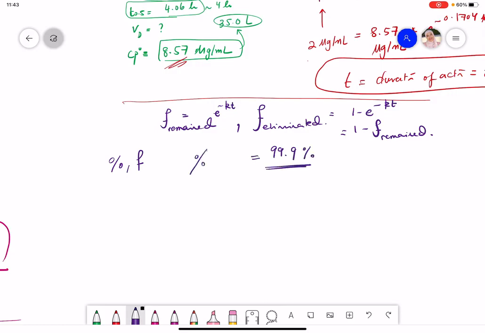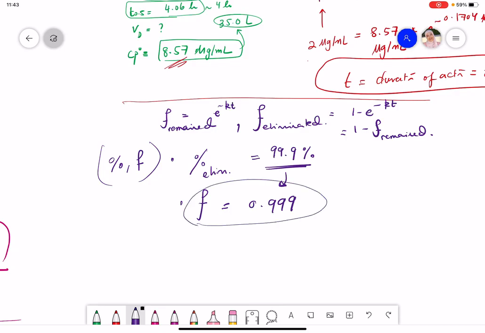Then this is the percentage of the drug eliminated. To convert it to a fraction, this would be equal to 0.999 of the drug eliminated. So I need the time at which this fraction was eliminated.